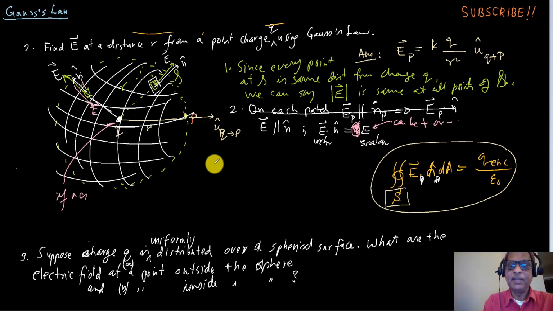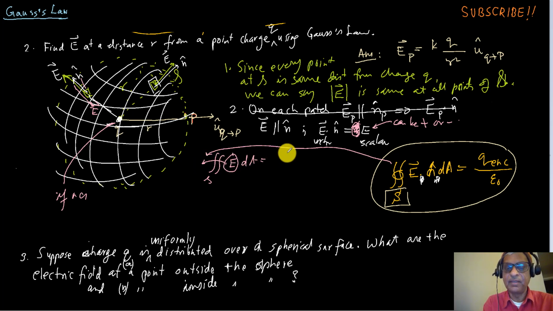Okay. So if I look at this formula, over this surface we have E dA, and E is constant at each point, so it can come outside the integral.